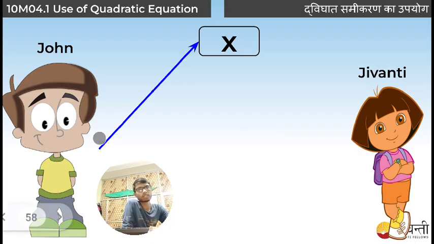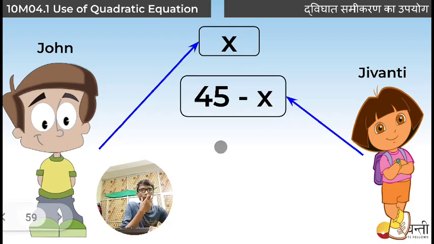So for this it is x, and here for this it is what? 40 minus x. Here we are saying that whatever he will get, we will subtract 45 from it. Then we will be able to know that she got this many objects.